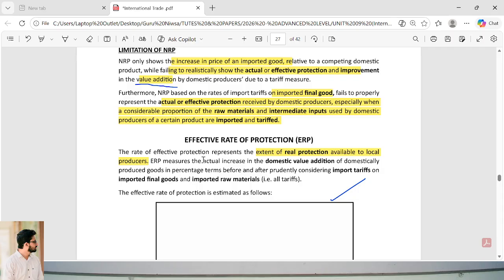ERP measures the actual increase in the domestic value addition.